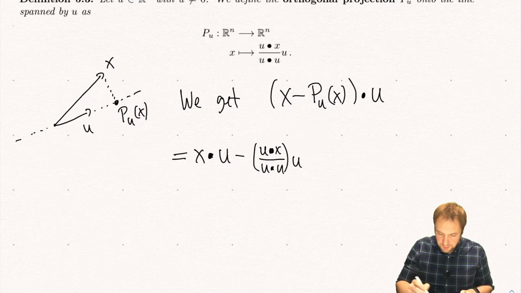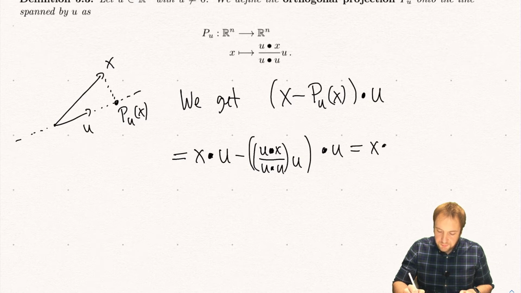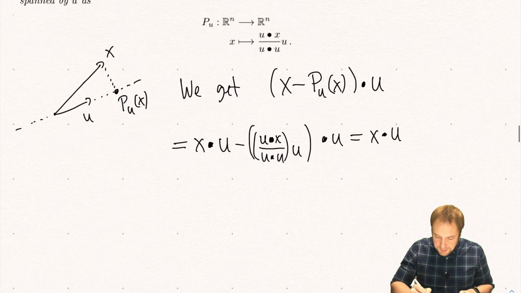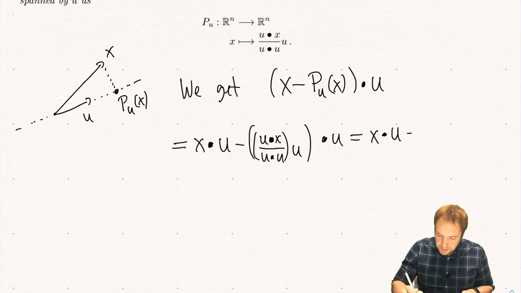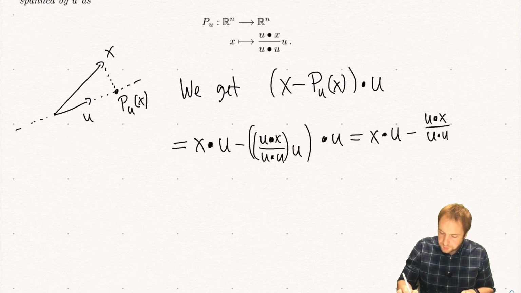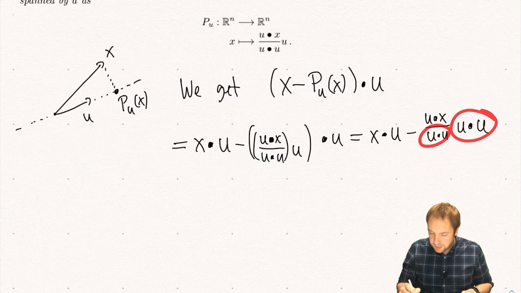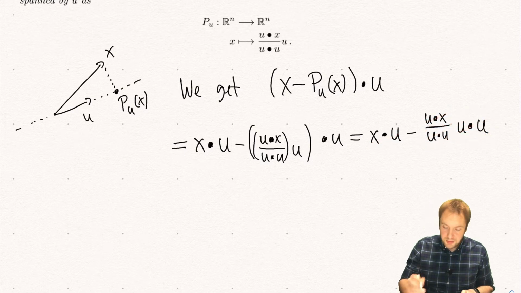So here on the left we still have x times u. And here, this is just a scalar, which we can put in front. So here it's really just u times x, times u times u. And here we now take the scalar product of u with u. We see this number we can divide out, and we have x times u minus u times x, which is 0.